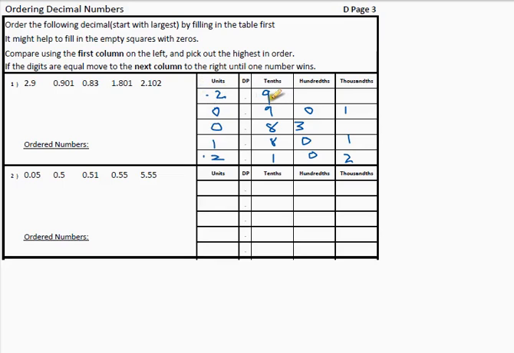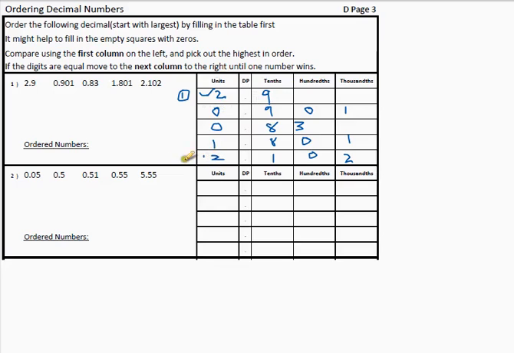Now let's look in the next column. There's a 9 and there's a 1. If we only compare these two, this one won. So this is number 1, and we're done with that one. We can write it in order there, but let's number it first and then we write the order later.